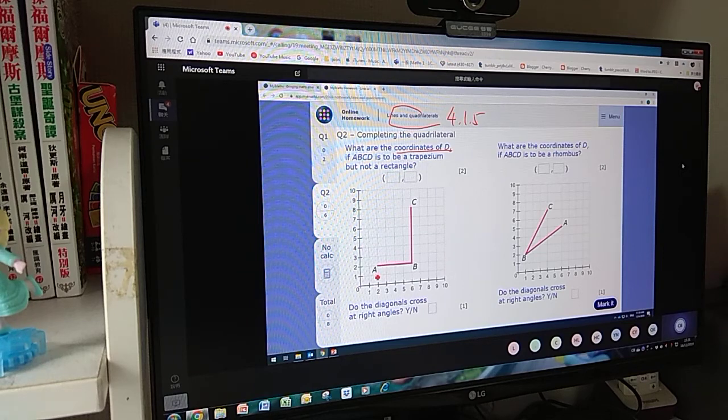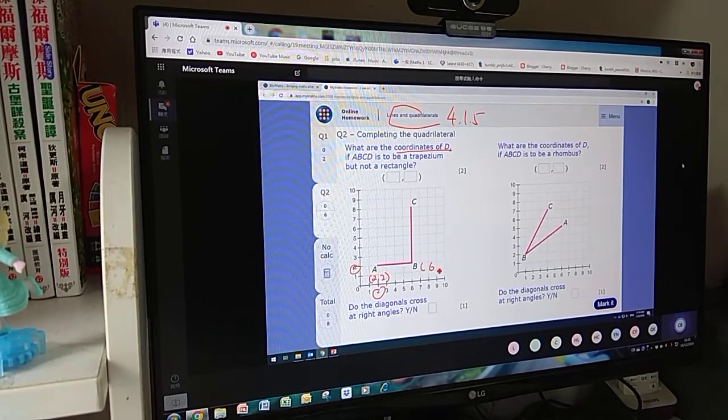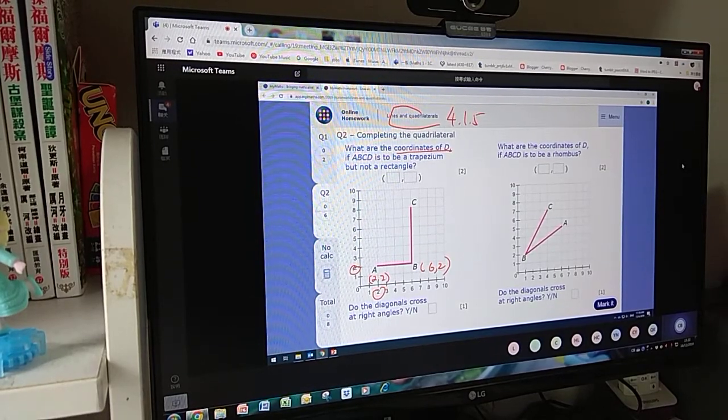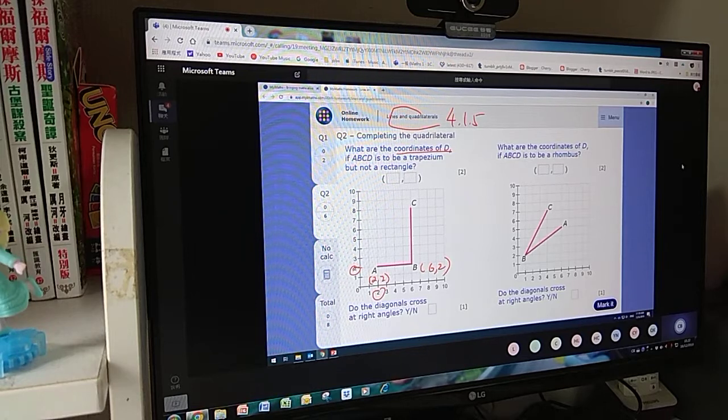Okay, what is the coordinate? For example, for A, it is 2 and 2 because x is 2, y is 2 here. So for point B, the coordinate is 6 and 2. Okay, the first number means the x value. The second number means the y value.